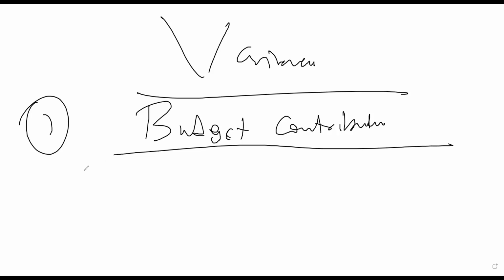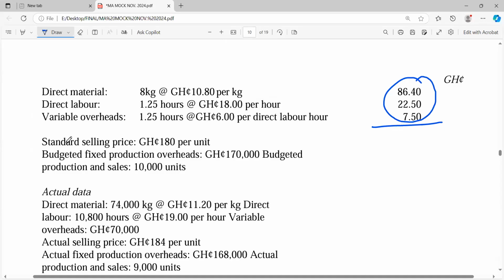Budgeted contribution, which is equal to the budgeted selling price. What's the budgeted selling price from the question? Pick everything from the budget.